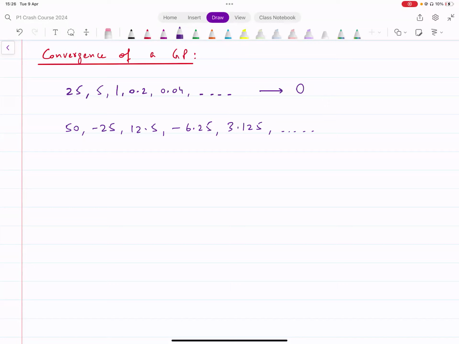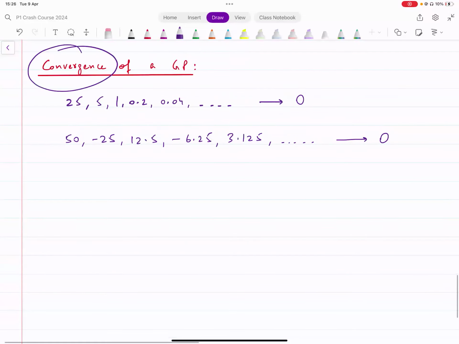If we keep repeating this process, we keep dividing by 2, and eventually the sequence is going to converge to 0.